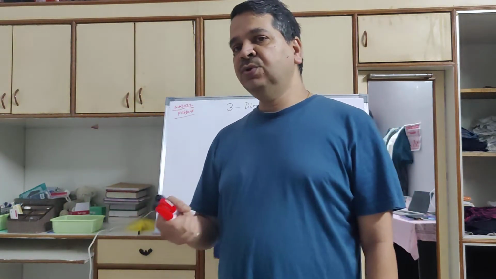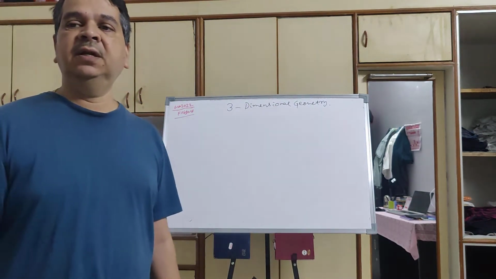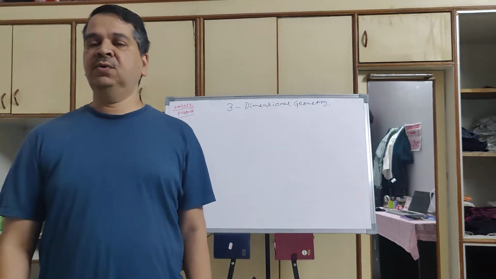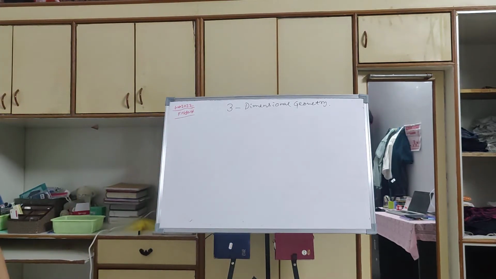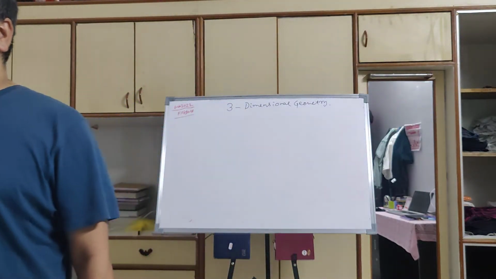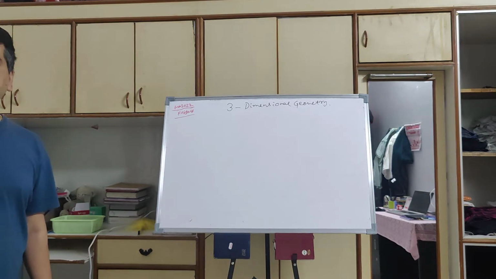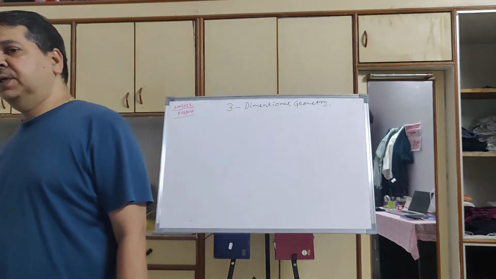So how do we use those concepts in three-dimensional geometry to find the distance between two lines in space? Suppose I want to find the distance between two lines in space. How do I use those concepts of dot product, cross product to find the distance between two lines or angle between two lines in space?